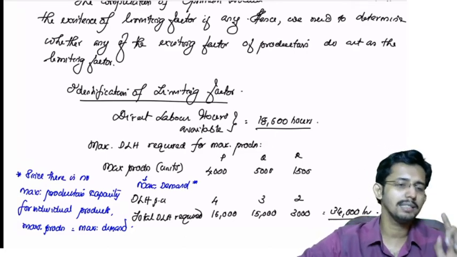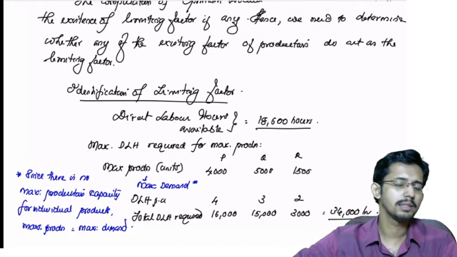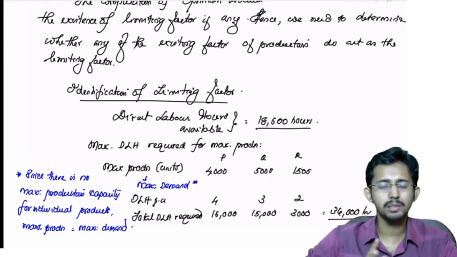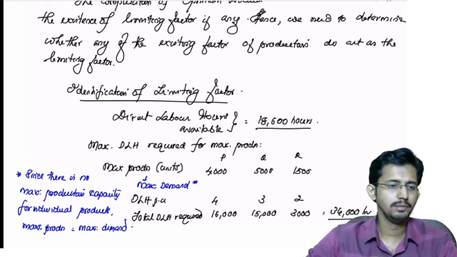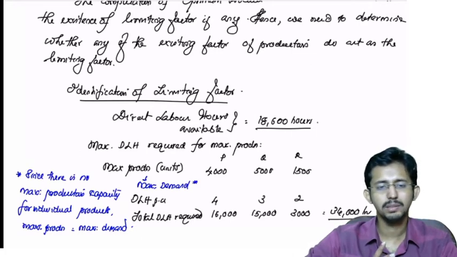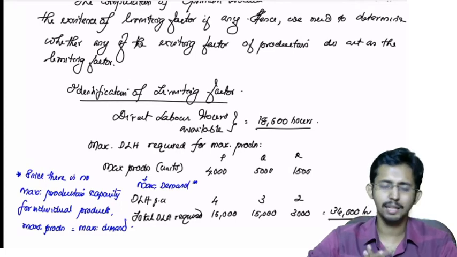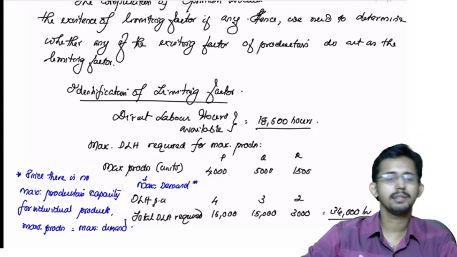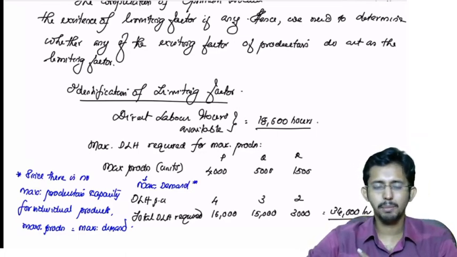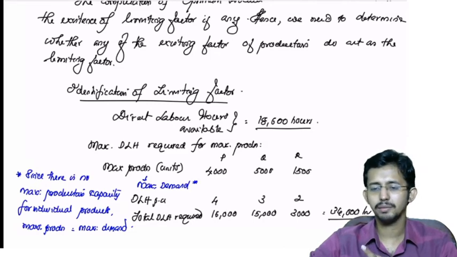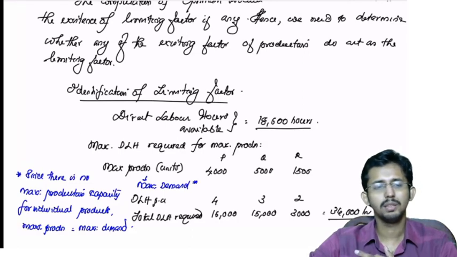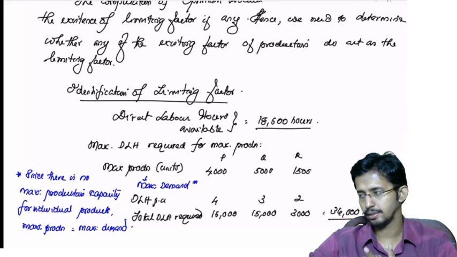So is it a limiting factor? Yes. So you can conclude, since the available quantity of direct labor hours is much lower than the total direct labor hours required for maximum production, direct labor hours do act as a limiting factor.